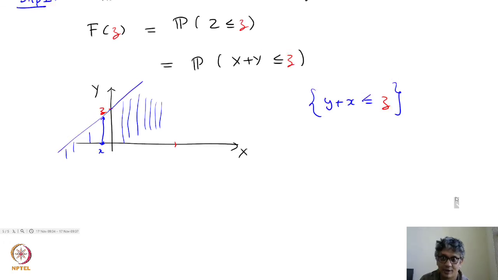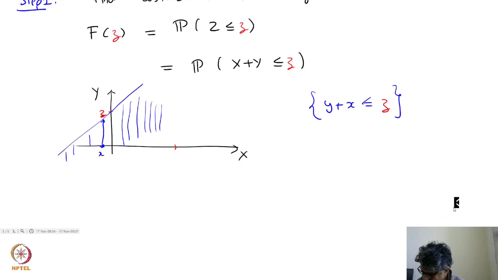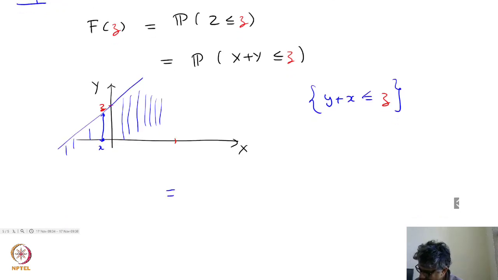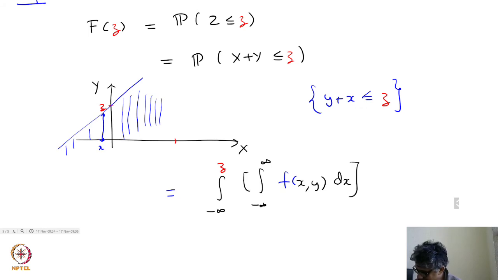Since X and Y have a joint density, this is going to be the integral from minus infinity to z, with x going from minus infinity to infinity, of f at the point x, y, dx dy. That's how you write this probability.